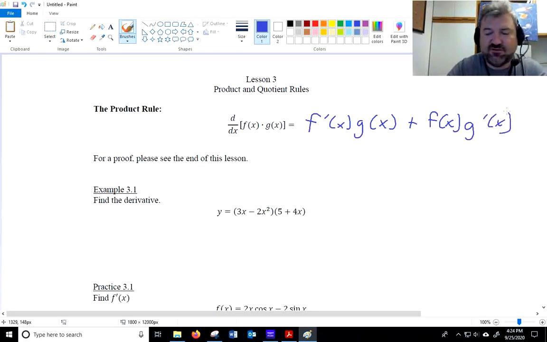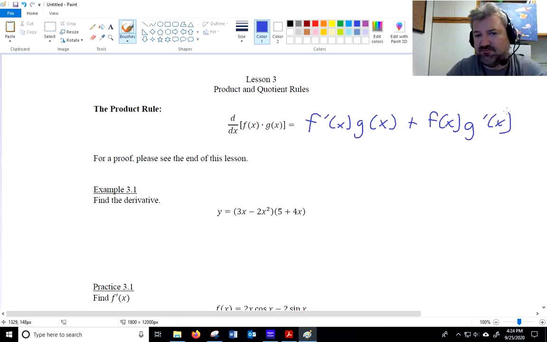In other words, you take the derivative of the first times the second plus the first times the derivative of the second. And that can be extended to even products of 3 functions or more, where you take the derivative of one and leave the other two the same, and then take the derivative of the other, and so forth. But this is typically the size that we'll be dealing with.